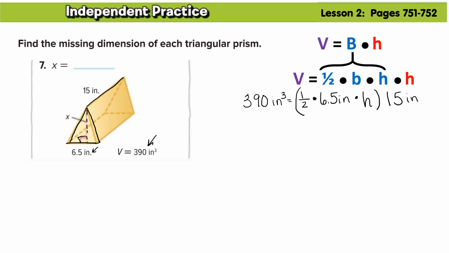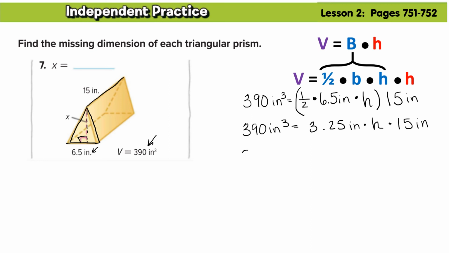Okay, so we have 390 inches cubed equals 1/2 times 6.5 inches, which equals 3.25 inches, times the height times 15 inches.